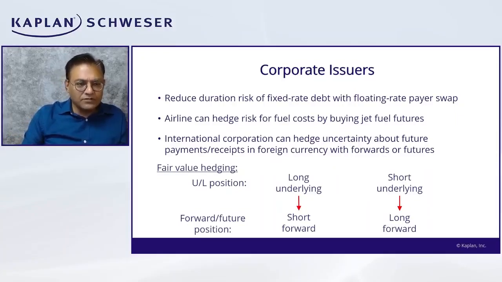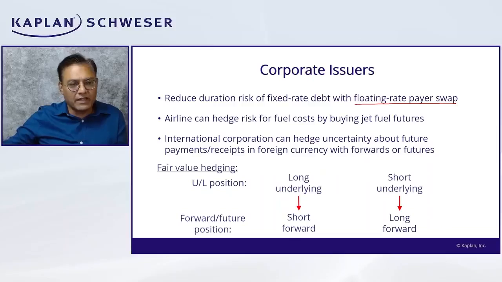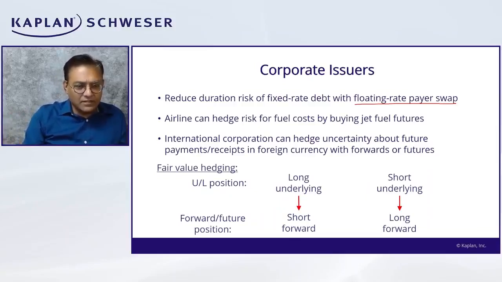Well, one way to reduce that risk is to simply enter into a receiver swap, a plain vanilla interest rate swap where you are receiving fixed, hence we call it a receiver swap, and you are paying floating. You've converted your fixed rate liability into a floating rate liability using an overlay of a swap on your existing fixed coupon bond. An airline can reduce the risk of fuel costs by buying futures specifically on jet fuel.